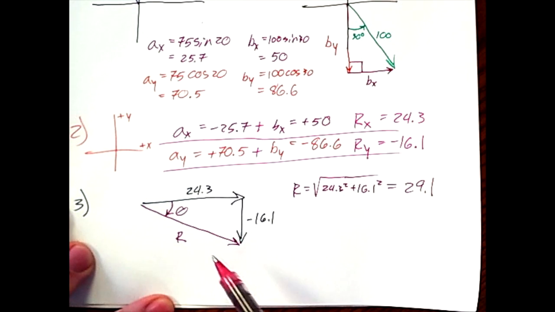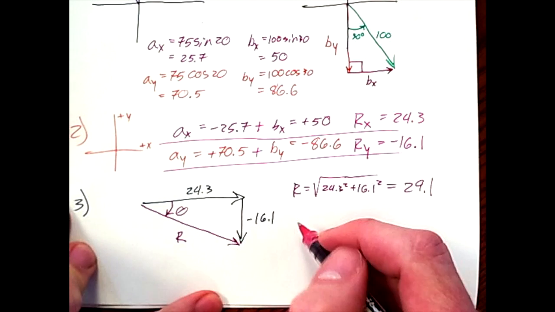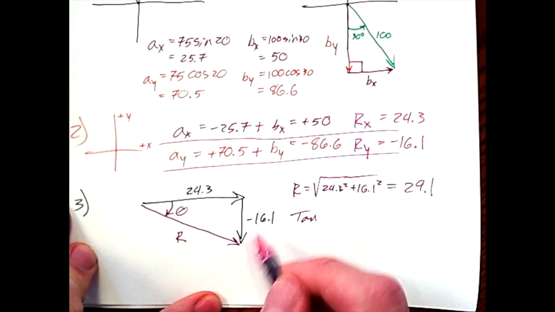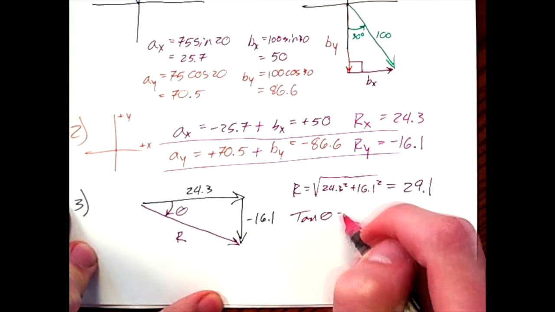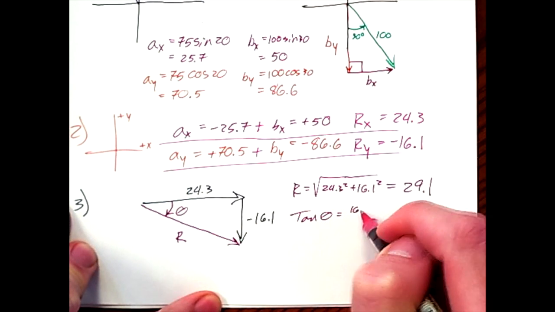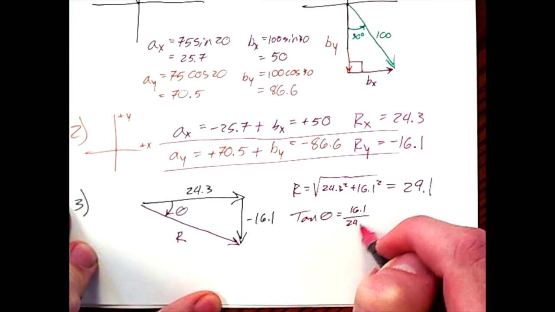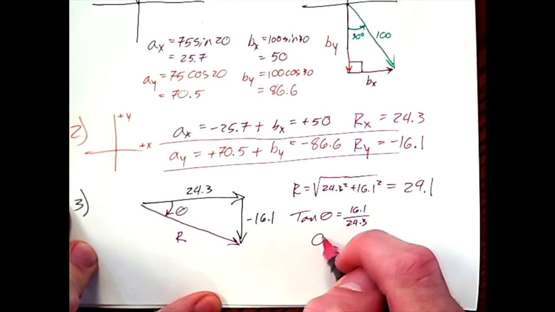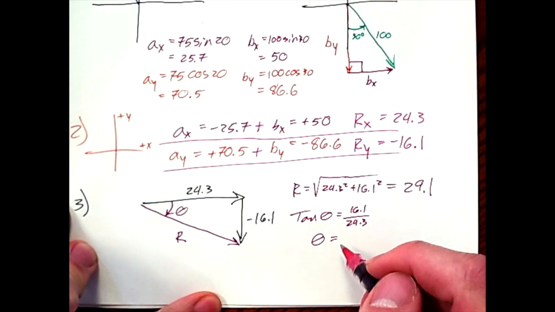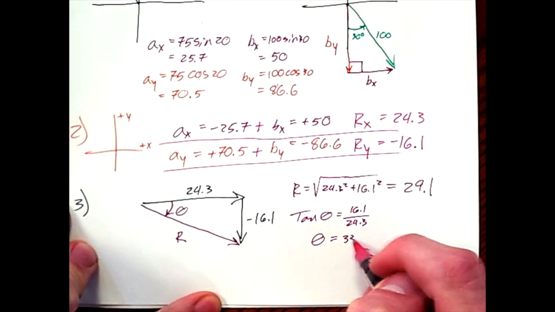Now I can do that with any one of the numbers that I have, and so it doesn't really matter, but I tend to use tangent because these values were calculated prior to R. So I would say the tangent of theta is equal to 16.1 divided by 24.3. Again, the negative sign is irrelevant because this is just a magnitude, which gives me a theta of 33.5 degrees.